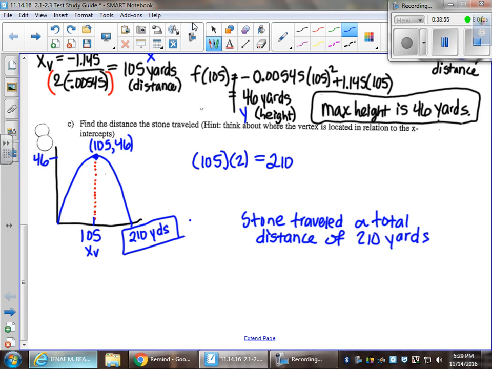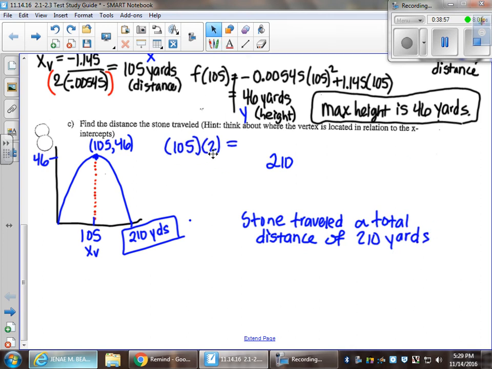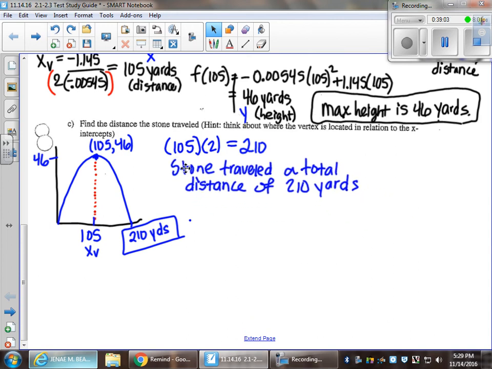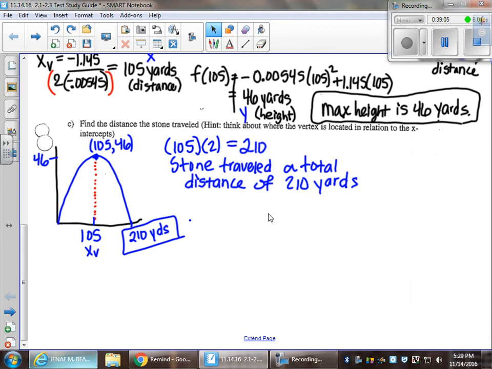That is the strategic approach to this question. Now, if you're like, I don't like that, I like more of an algebraic approach, I will show you how to do that right here. If you're someone who sees that this is halfway, so I can just double the x value of the vertex to find this, go ahead and jump forward a couple seconds.